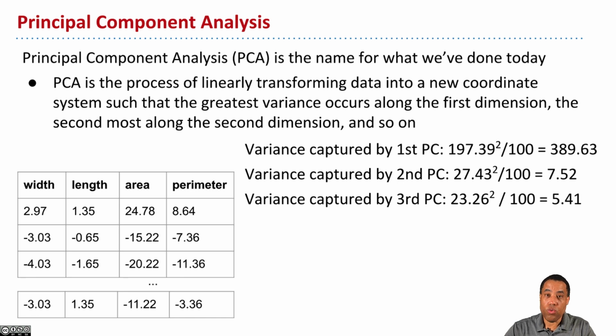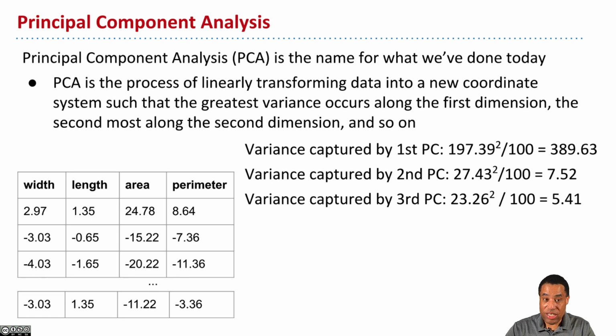Okay, so what we've looked at today is principal component analysis, as we've explored the impact and the value of each of the principal components. PCA is this process of linearly transforming our data to a new coordinate system, where in that new coordinate system the greatest variance occurs across the first dimension, the second greatest variance across the second dimension, the third greatest variance across the third dimension, and so on.